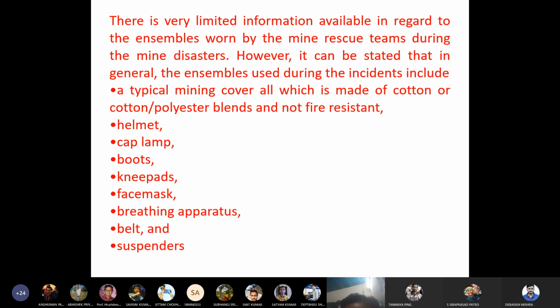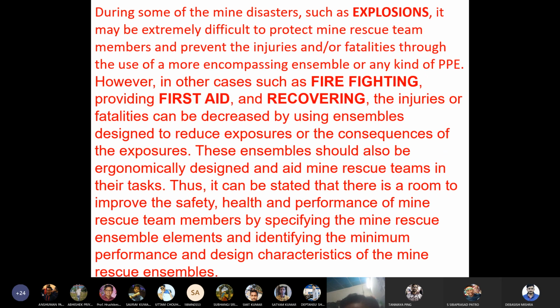Therefore, in case of an explosion, the mine authority should be prepared to go for firefighting, to provide first aid to the people who are injured, and the mine should be recovered. So these operations are called your mine rescue operation.